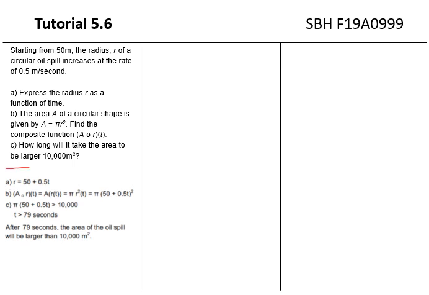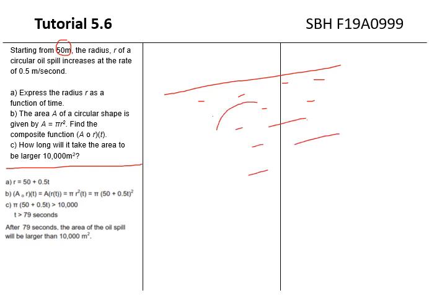Starting from 50 meters, the radius r of a circular oil spill increases at a rate of 0.5 meter per second. There's an oil spill inside the ocean. Let's say this is the ocean here. Initially, there is a 50 meter radius. This is like the first second.